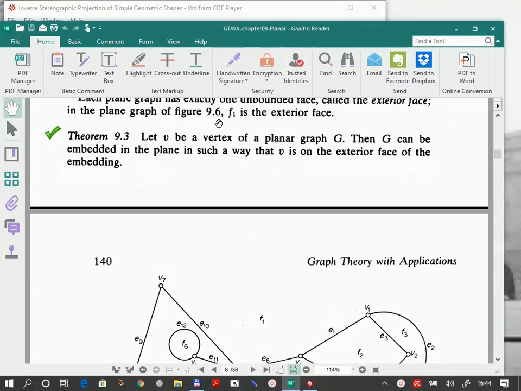I can assume that this is the projection of something which is drawn on the sphere, okay?